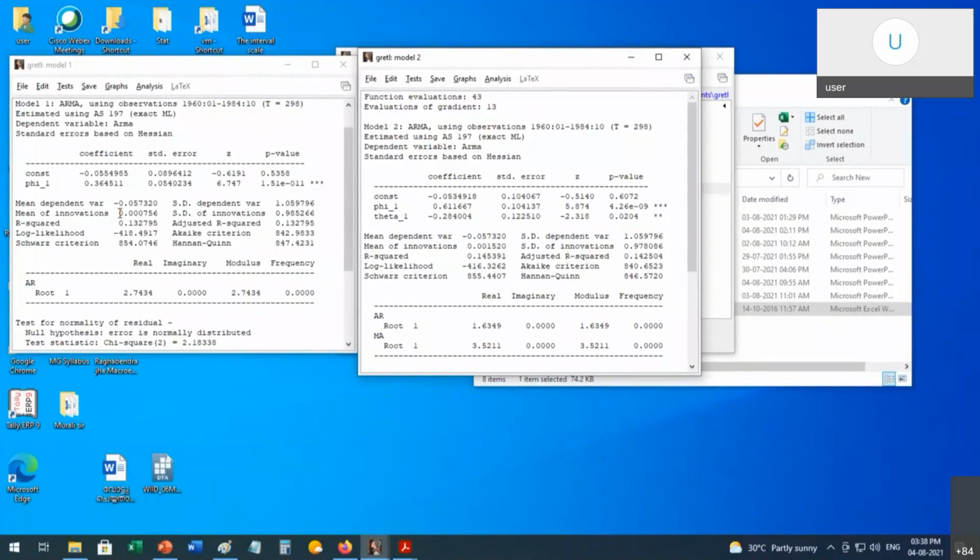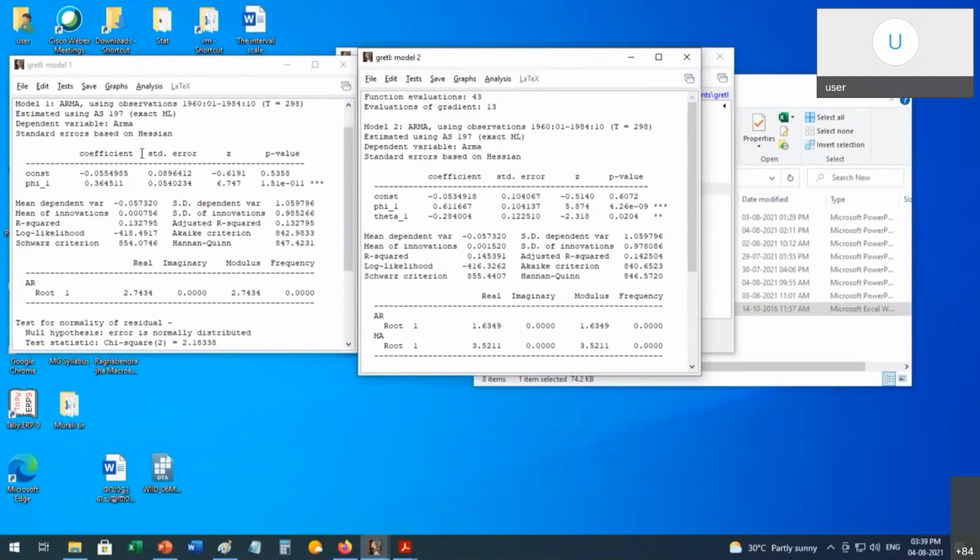If we can capture the entire information in the dataset by a model with one parameter, then instead of two parameters, as in this case, we have to prefer the model with one parameter estimate. So that is the law of parsimony. So both the law of parsimony and the information criterion favor this particular model. So we select this model.